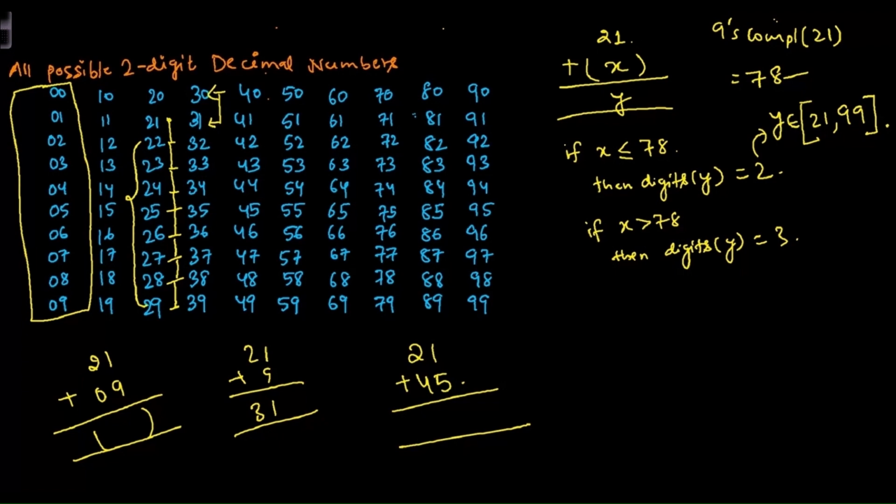So 8 plus 10, 18, 28, 38, 39, 40, 41, 42, 43, 44, 45. So this will be 66. What does it mean to say that 21 plus 45 is equal to 66? It means that 66 is 45 numbers away from 21.